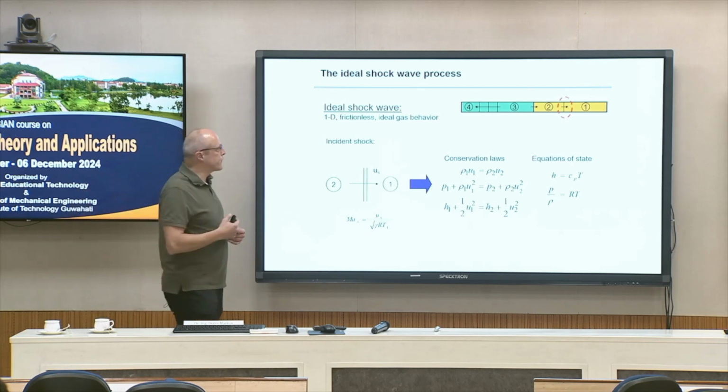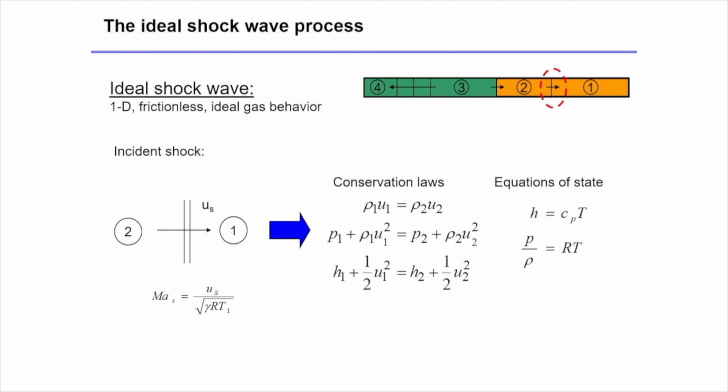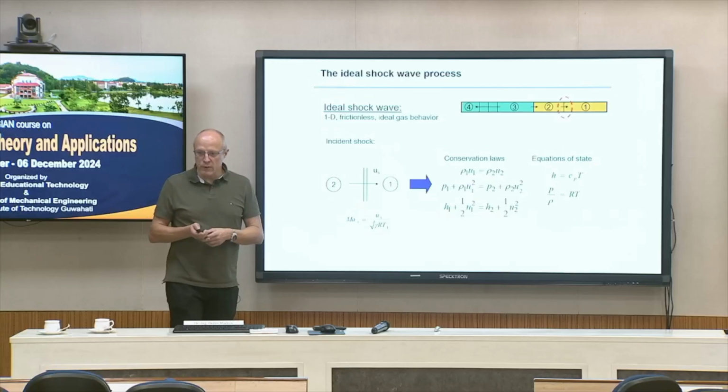So in the ideal case, when everything works properly, it's frictionless, we have ideal gas behavior, so we can use this incident shock to calculate the conditions using the conservation laws and the equations of state, which we have discussed already.